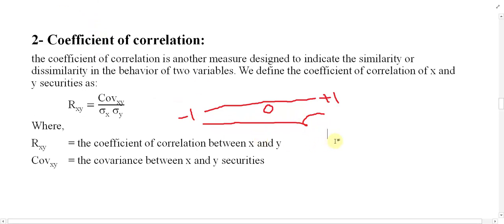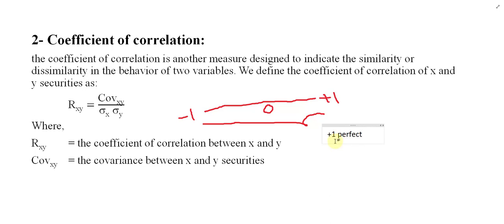Now, let me tell you one more point. If the result is +1, it is called perfect positive correlation. If the result is -1, it is called perfect negative correlation, right?